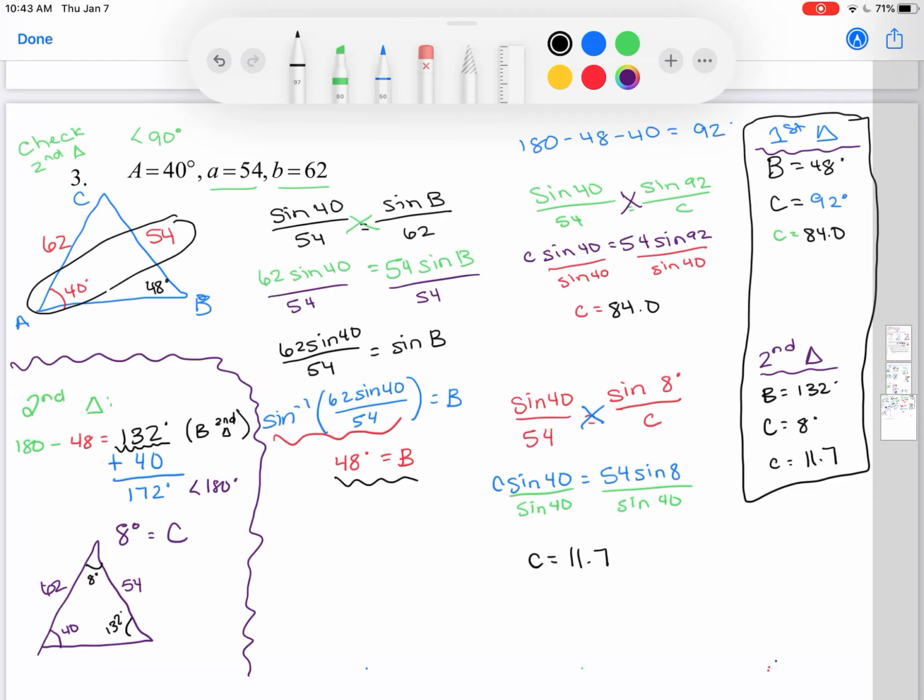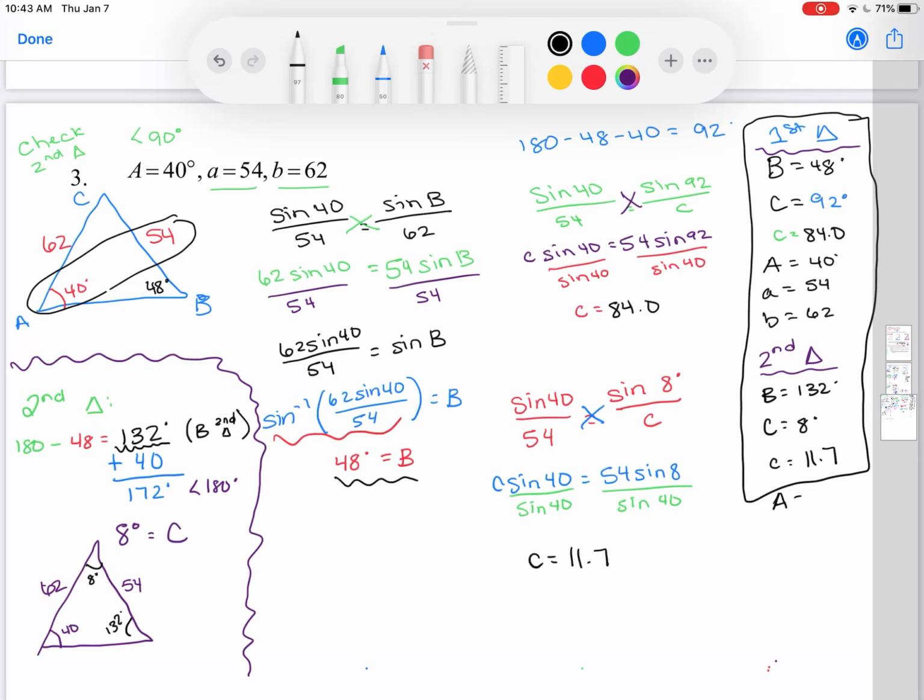All right. Again, you could keep putting all the information. So on the first triangle, you could say angle A is still 40 degrees, side A is 54, and then side B is 62. If you are someone that needs to write all of that out, that is fine.